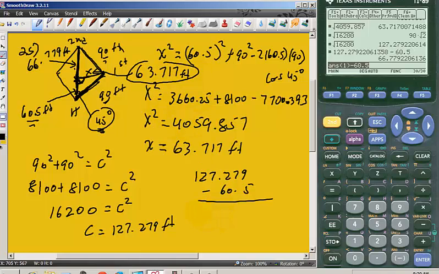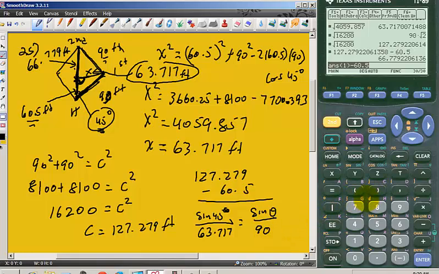So we're going to go sine of 45 degrees is to 63.717 is equal to, we'll call this theta, sine of theta, and the side across from that is 90 feet.